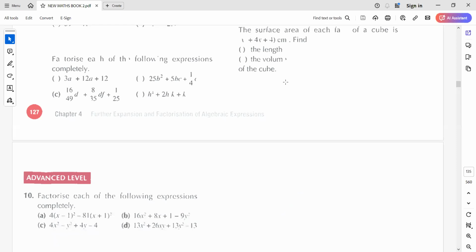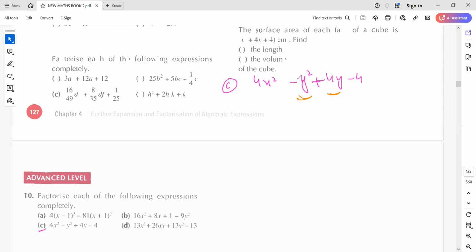Now it's part C: 4x squared minus y squared plus 4y minus 4. We need to see that y squared and 4y are the two terms that contain y.